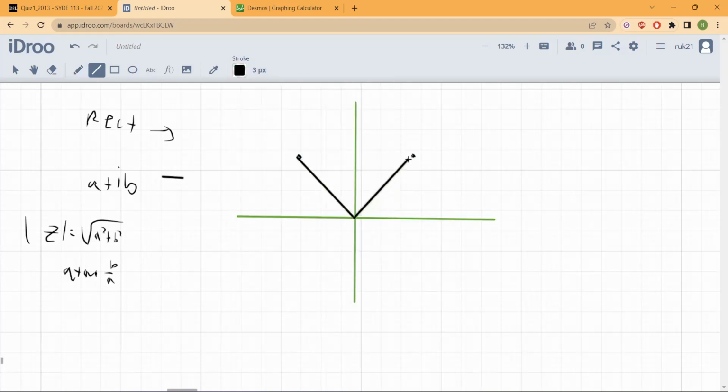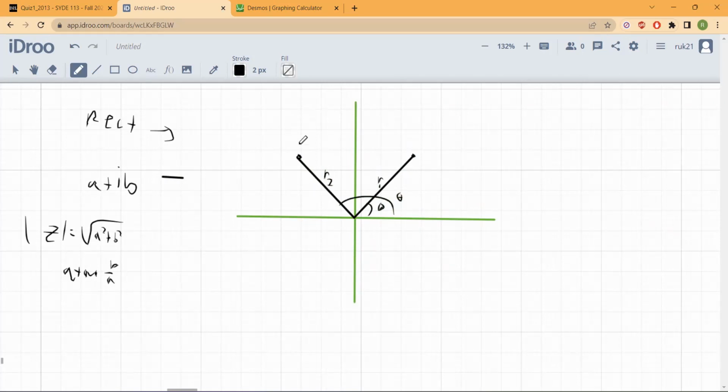So over here are two polar points. What do we know? We know r and we know theta. So this is R1, this is R2, and then we have a bigger theta, okay?